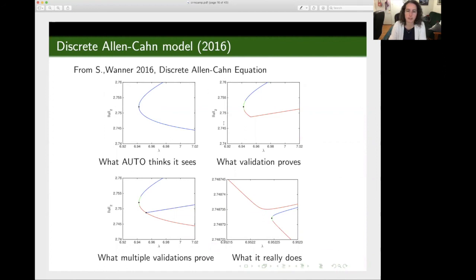So what validation proves is this picture over here, which seems very surprising because this doesn't even look like it's smooth, which shouldn't happen. What the validations actually show is that this is a more accurate portrayal of the situation: there are 2 that come up against each other, and that looks very strange because that's not really a pitchfork.